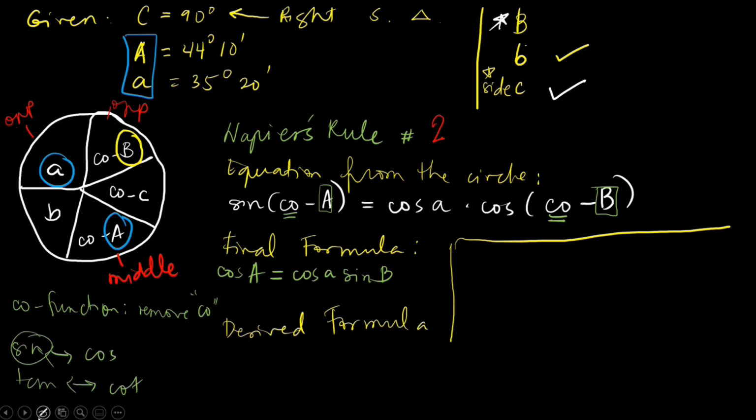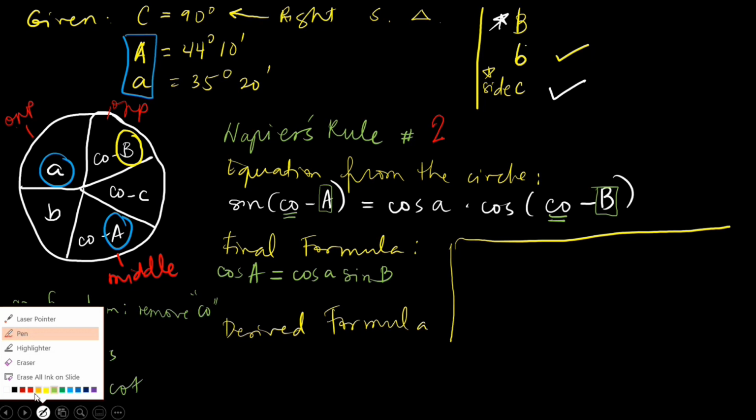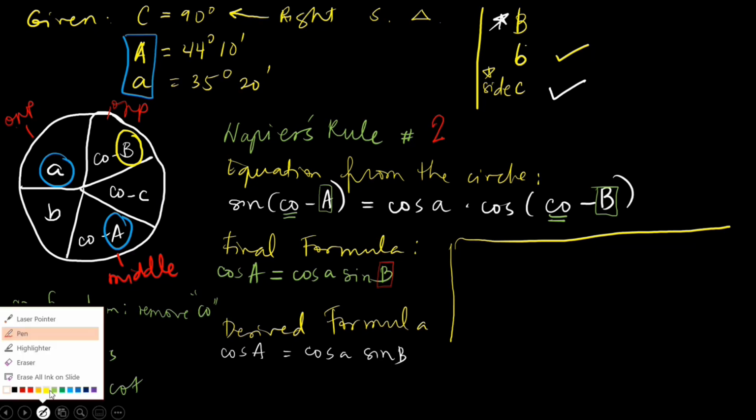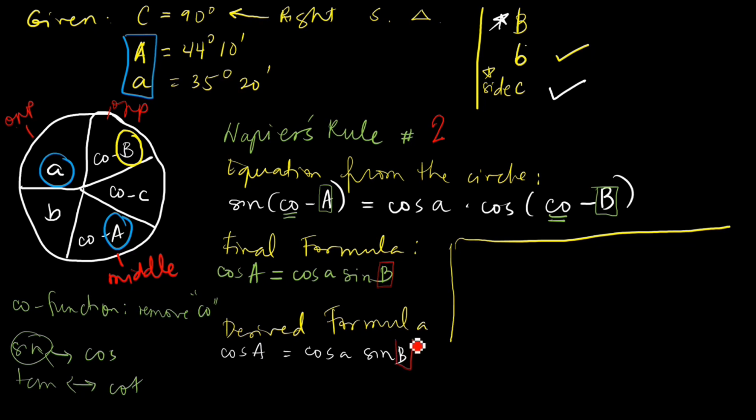Next, derived formula. So the derived formula that we need is for angle B. Same as what we did in the previous unknown, we can divide both sides. So rewriting, cosine of angle A equals the cosine of side A times sine of angle B. Since what we need is angle B, we can divide both sides by the cosine of side A because we need to move it.